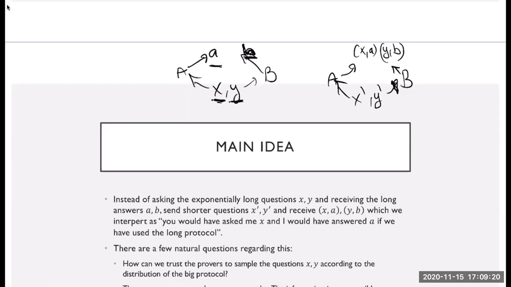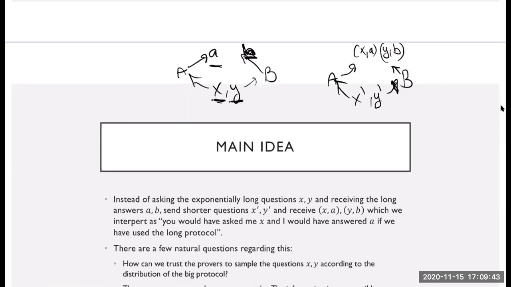And the way I interpret this is the following. If I'm sending x prime and y prime, A and B answer something like this: if you would run the original protocol, which is exponentially large, you would have asked me x, and I would have answered a.